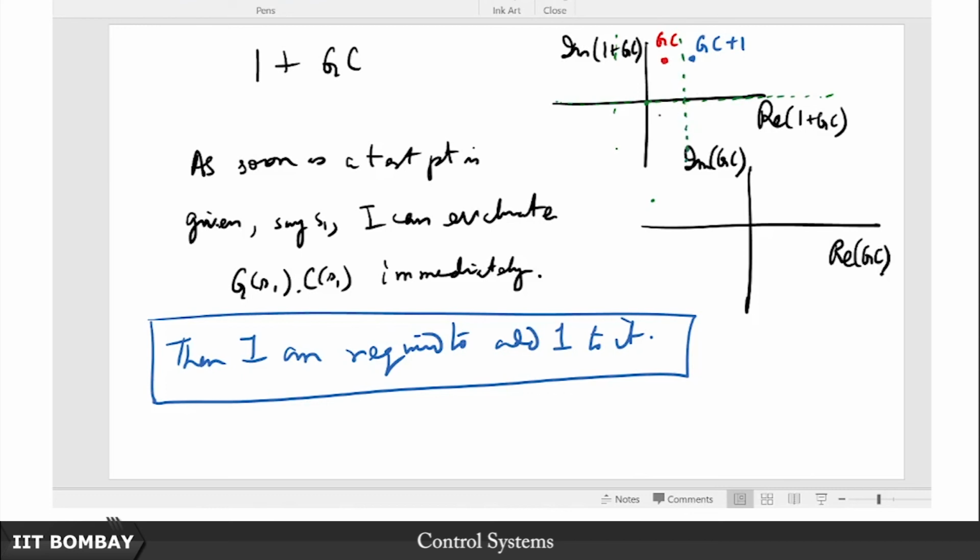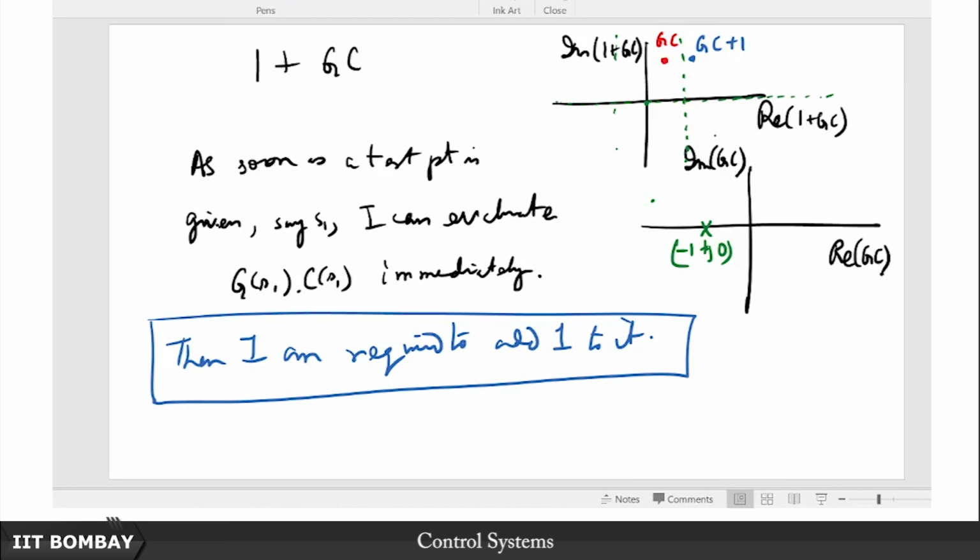So now instead of looking at the origin of this 1 plus GC plane, let me look at the minus 1 plus J0 point on the GC plane, because that is tantamount to the origin. On the GC plane, the minus 1 plus J0 point is tantamount to the origin of the 1 plus GC plane.